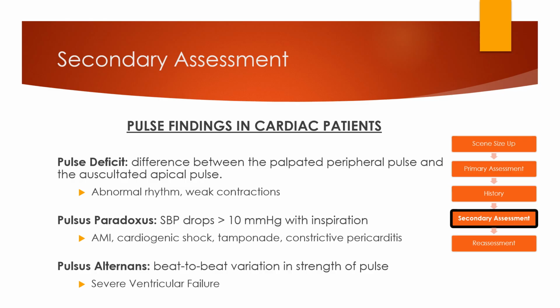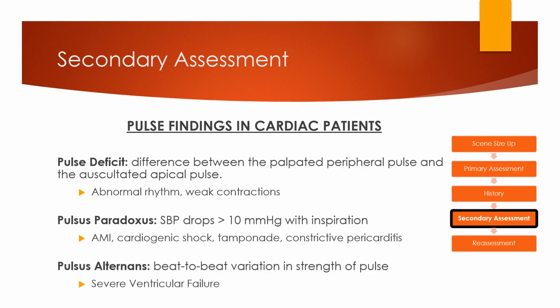Pulsus paradoxus is another abnormal pulse finding. So this is when the systolic blood pressure drops more than 10 millimeters of mercury with inspiration. Which sounds a little crazy because we're not actually going to say, hey, hold your breath, I'm checking your blood pressure again. That's not how this works. What you would notice is that the quality of the strength of the pulse would change when they breathe.